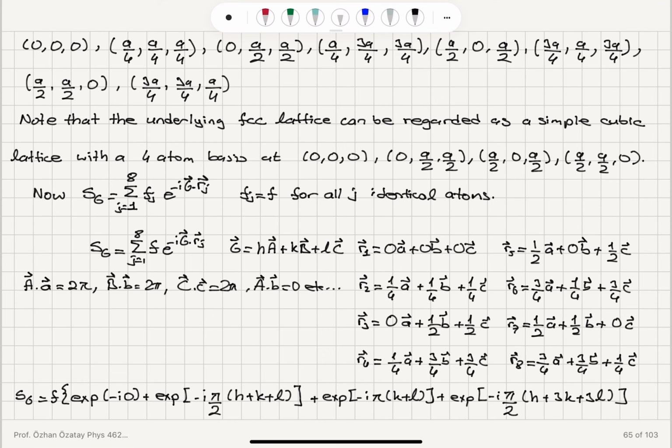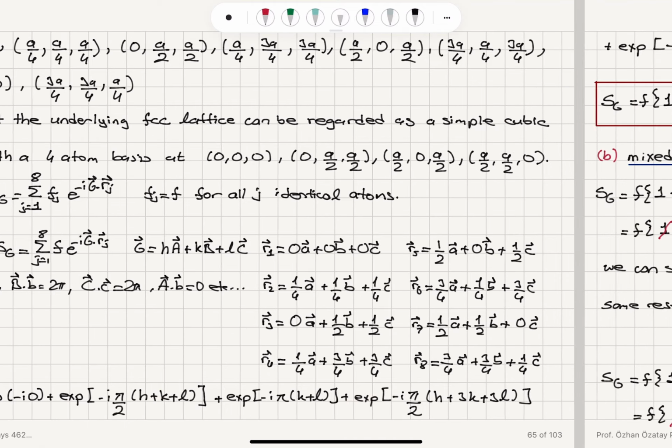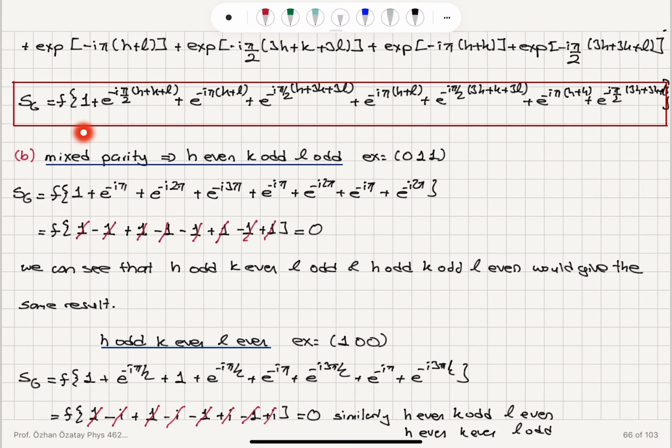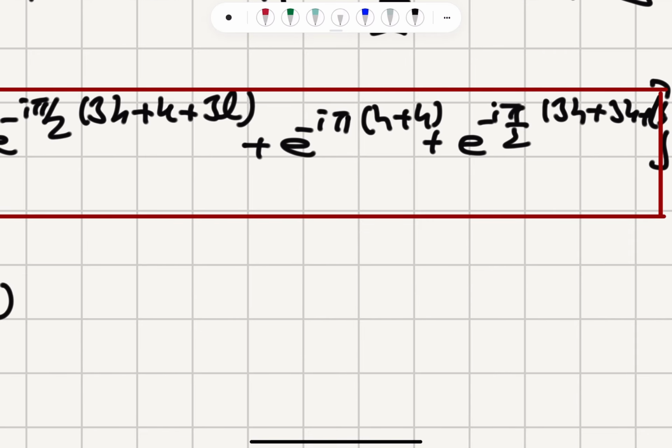The same is true for vectors B and C. I obtain the expression for the geometrical structure factor when it's viewed from this 8 atom basis point of view. So this last term is 3H plus 3K plus L. So let me clarify that here this is 3K plus L.